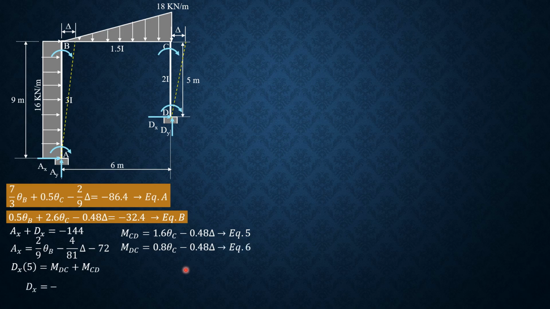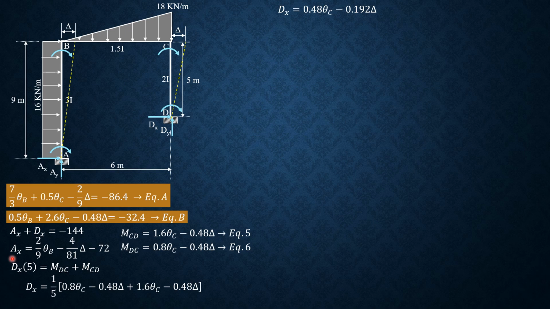So substitute, Dx is 1/5 of the quantity 1.6 theta C minus 0.48 delta plus 0.8 theta C minus 0.48 delta. Simplifying, Dx equals 0.48 theta C minus 0.192 delta.